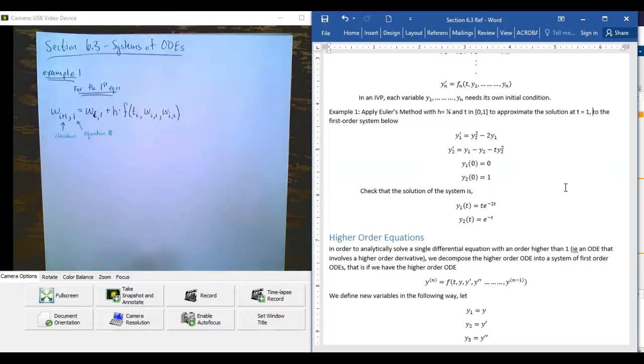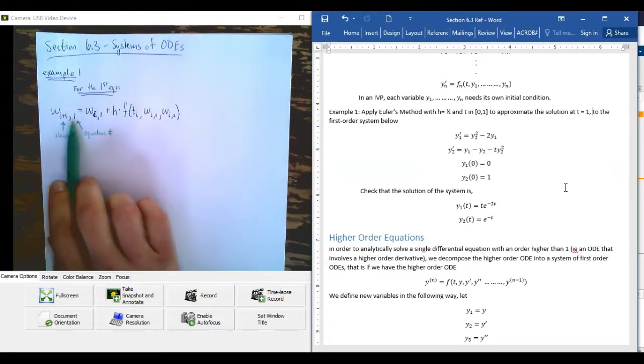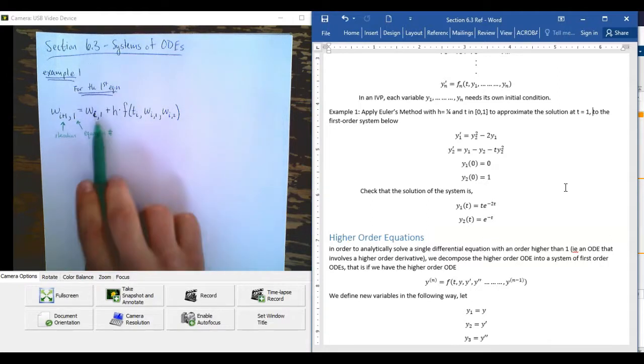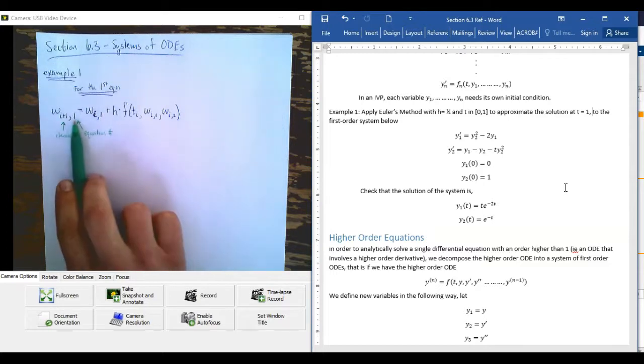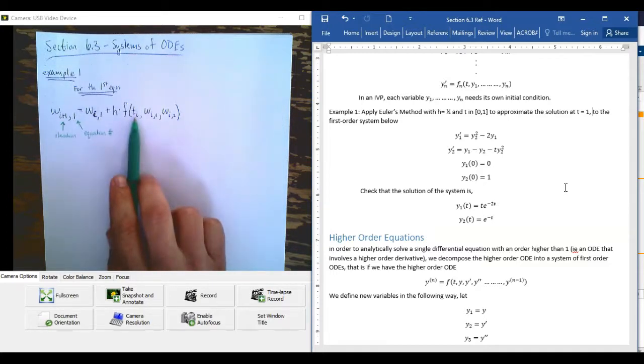So you can see that when we do Euler for the first equation, it's going to be dependent upon the previous approximation from the first equation, possibly the previous t value, which is the same in both of the differential equations.